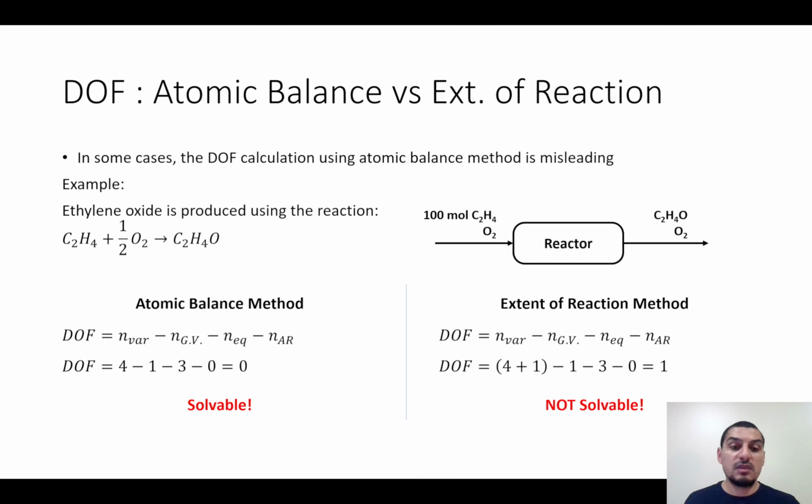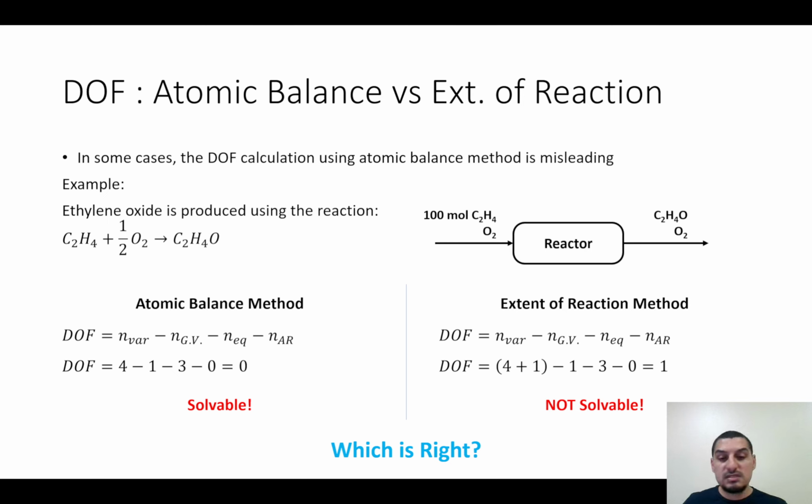So now we have a question that we want to answer. Which one of them is right? Is this system solvable with the given information or not solvable? Or does it mean that I can solve this system using the atomic balance method and I cannot solve it using the extent of reaction method? This is one interpretation of the results.